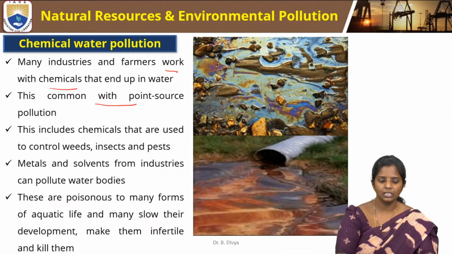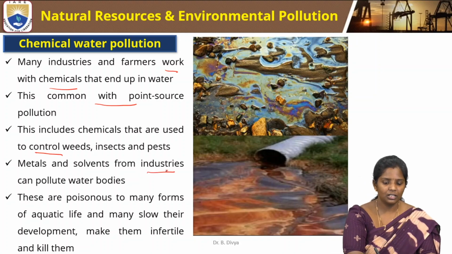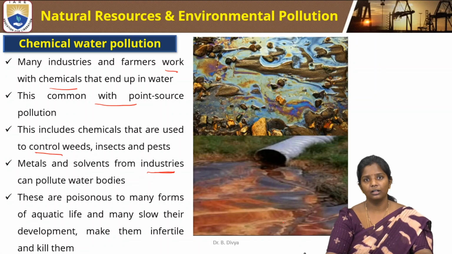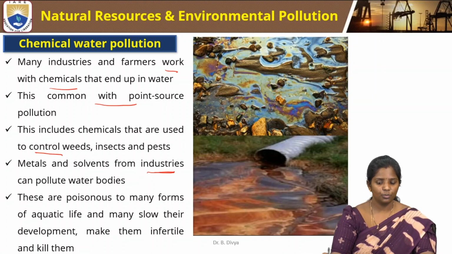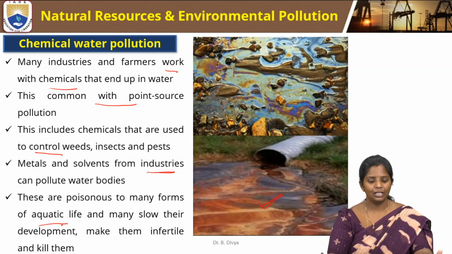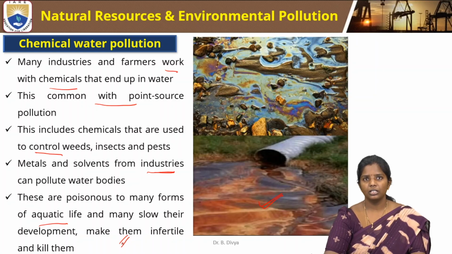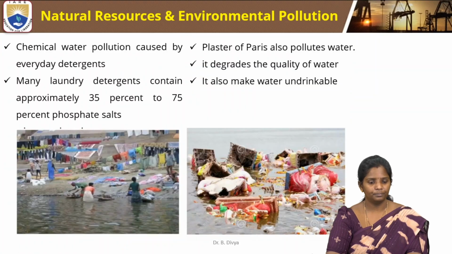It includes chemicals that are used to control weeds, insects and pests. Metals and solvents from industries are also point sources, where we can identify which source they are coming from. That also pollutes water bodies, and these are very poisonous to many forms of aquatic life and may slow their development, make them infertile and even kill them. So these are the different sources wherein the pollution occurs.